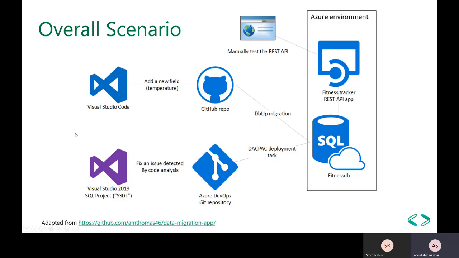Another simple way to imagine this is if you look at tools like DbUp and you look at tools like DAC pack and SSDT or SQL projects, the difference is very similar to if you wanted to eat pizza. And if you want to eat pizza, you have two options. You can make it yourself, or you can call and buy pizza from some online shop or some pizza shop.